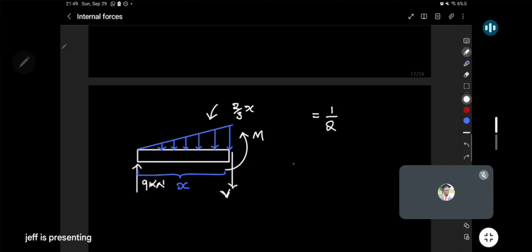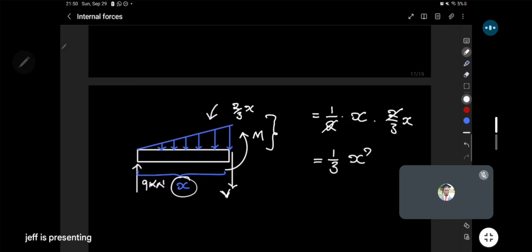The length here is just x, so times x, multiplying the height, which is 2 over 3x. When we simplify this, the 2 and 2 cancel, so that we have 1 over 3, and x times x gives us x squared. So this is the expression for the combined, or overall, distribution.